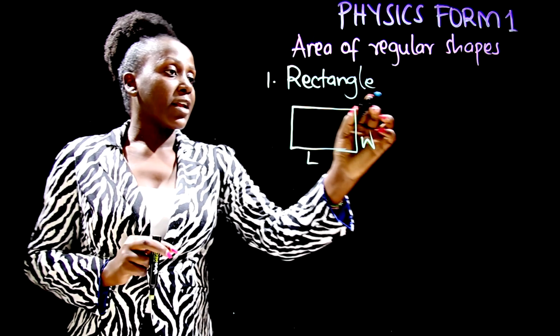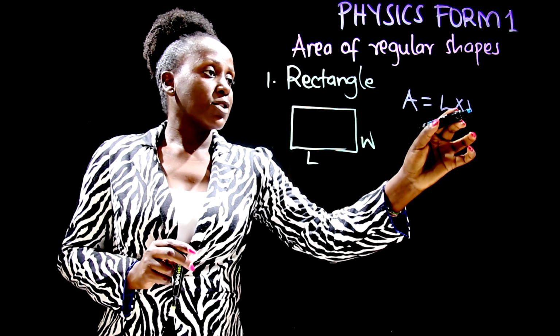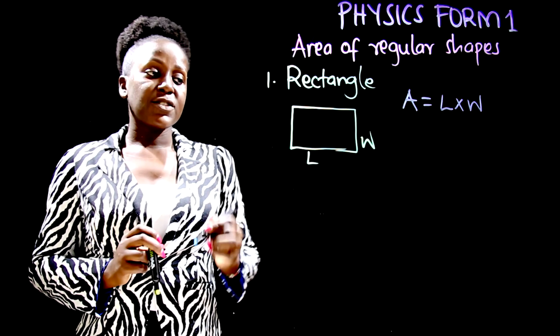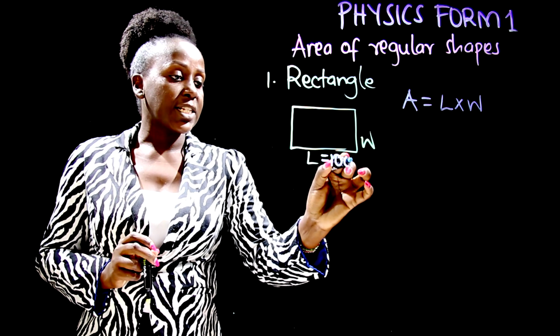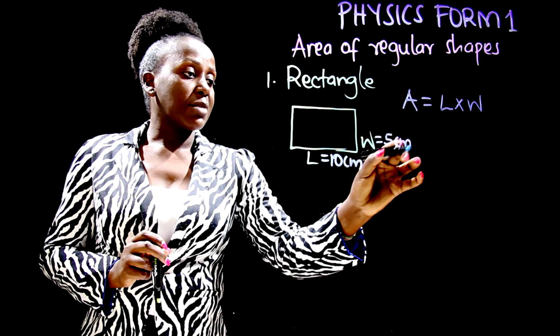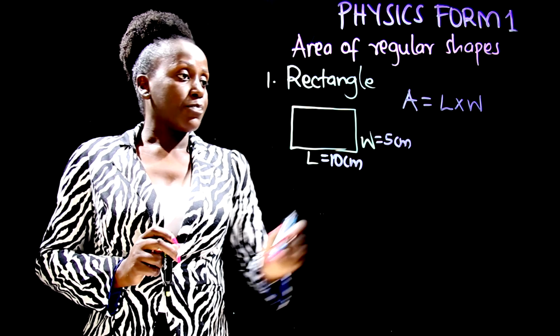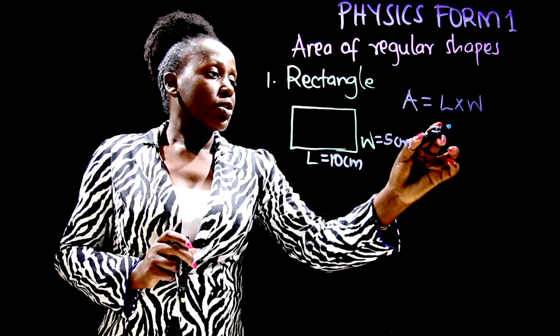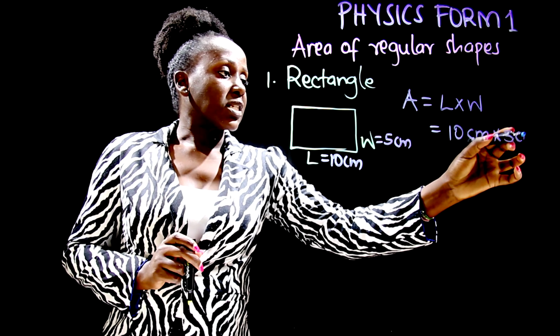The area of a rectangle is given by length times width. So let us assume that our rectangle has a length of 10 centimeters and a width of 5 centimeters. What will be the area of this rectangle? This will be equal to 10 centimeters times 5 centimeters.